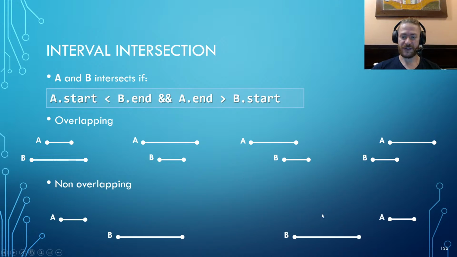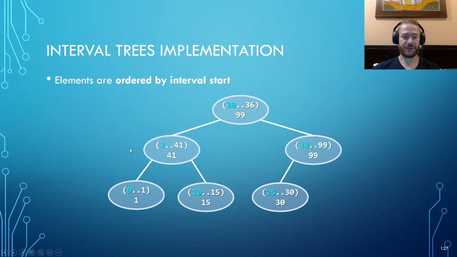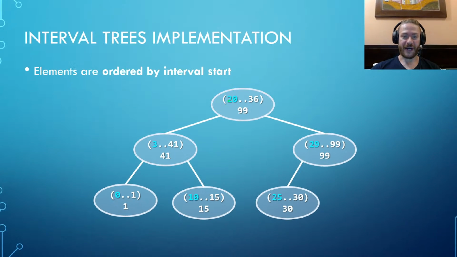It should be obvious what a non-overlapping interval is. So the interval tree helps us find all the overlapping intervals in a search. So elements in the tree are ordered by the start of the interval. So it's like a binary search tree.